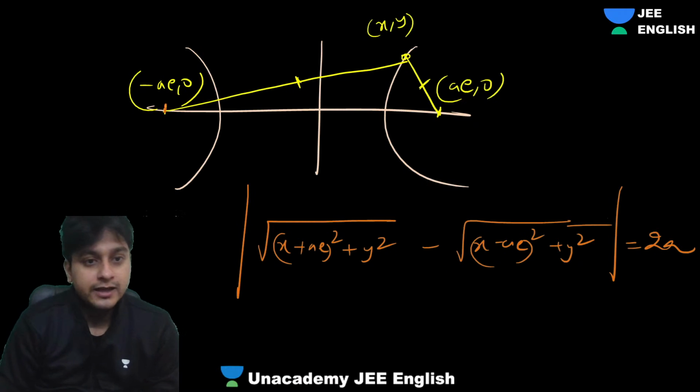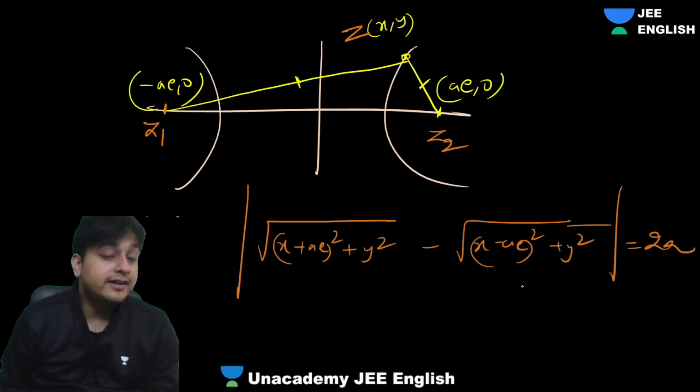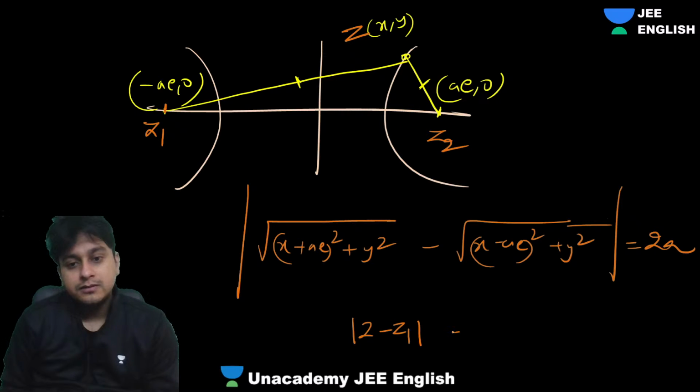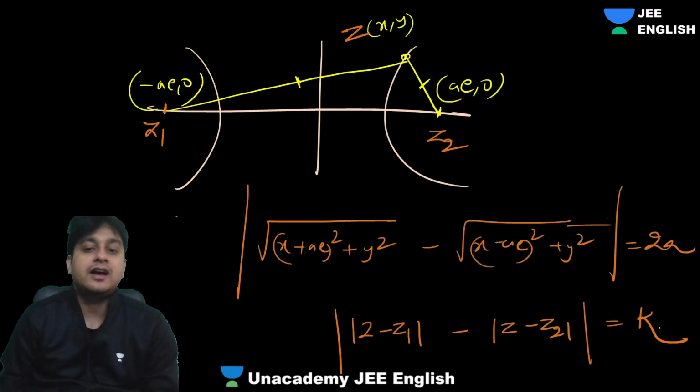So this is first foci, we'll call it z1, this is z2, and this is your z now. Correspondingly, if you write it in terms of complex numbers, this is mod of z minus z1 minus mod of z minus z2, whole mod, is equal to 2a, which is our k now.